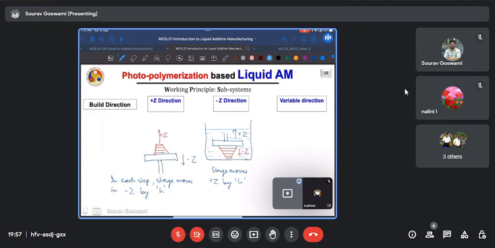I think we have touched upon this point in the previous session also, that if this build were to have a hollow section, say this part is hollow, and I build it along a positive z direction, there will be accumulation of liquid in this hollow section. And say if it were to be covered in the next step, this liquid will become entrapped.